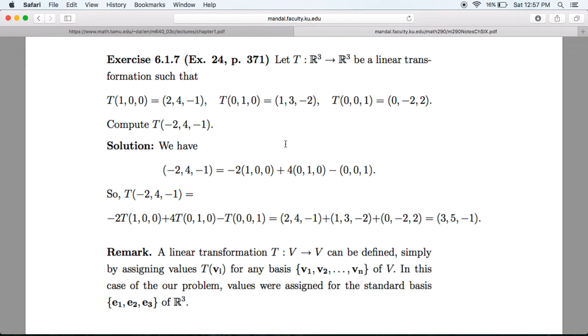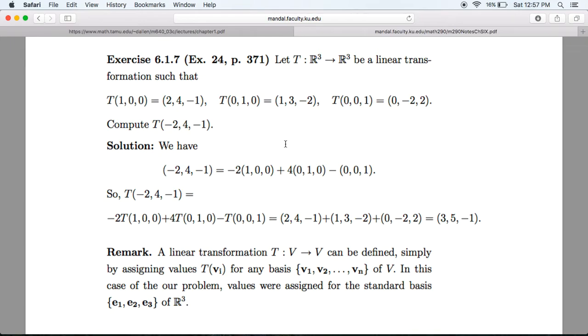Thus, a feasible way to specify or characterize a linear transformation is to just tell me where each of the basis vectors is going.